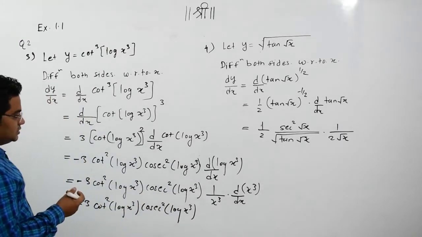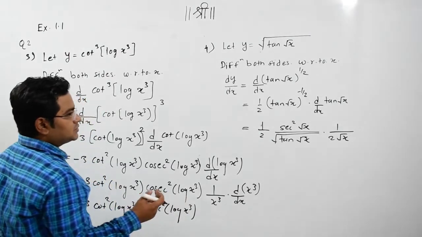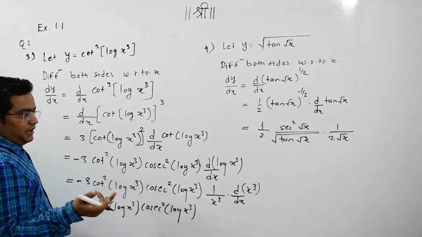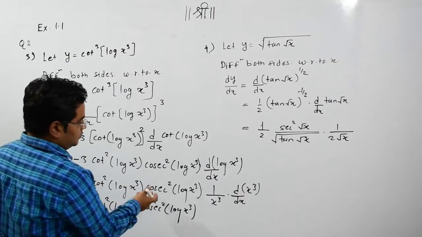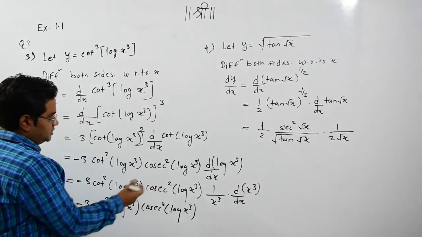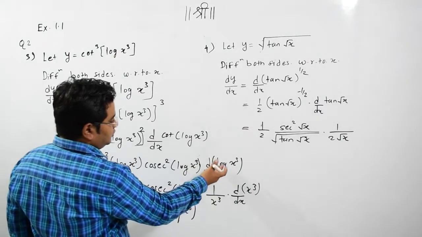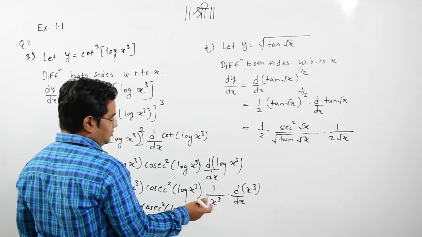This bracket consists of another property: cosec square x is equal to cot square x plus 1. We can use it, but I am not using it because it will create some mess. I would like to make you focus on this part, so that's why I am leaving it.